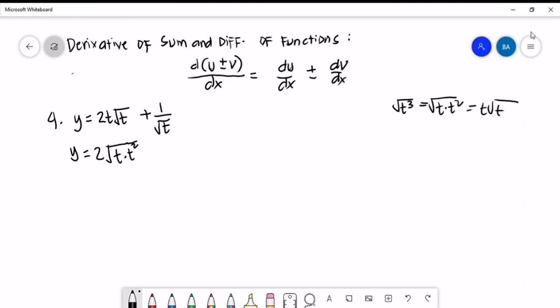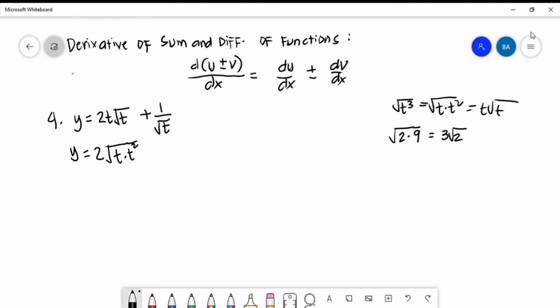For example, if we have the square root of 2 times 9, we know that this is 3 times 3, so we could factor out the 3, and they are just equal.